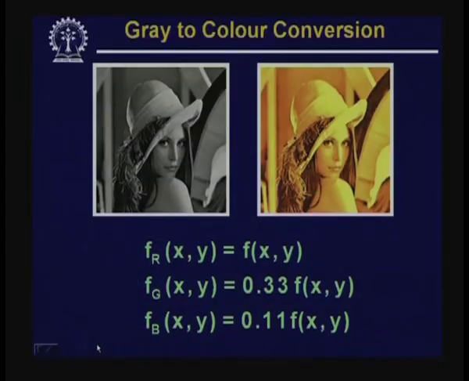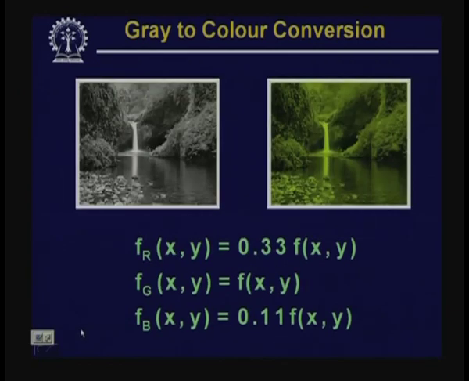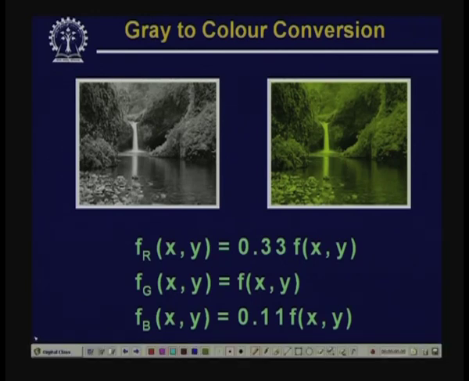Now, we have another example of this pseudo coloring. Here it is a natural scene, where again on the left hand side we have the intensity image or the black and white image, and when you go for grayscale to color transformation, the transformations are like this. Here the green component is the same as the original intensity image.